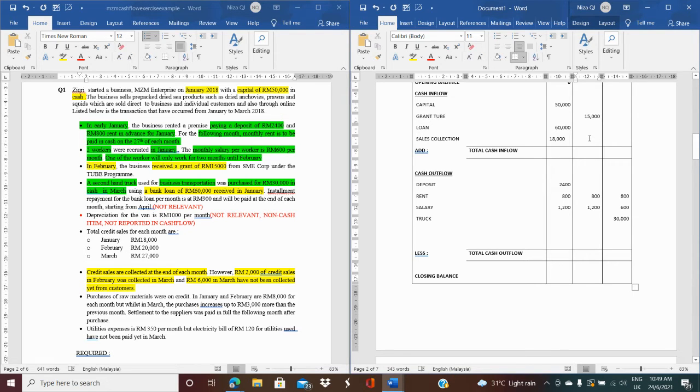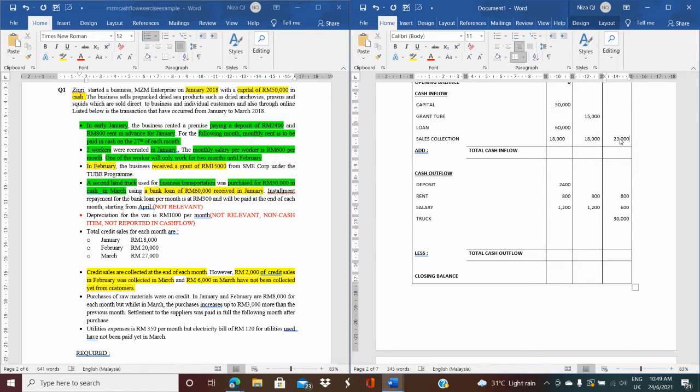Then for February, it's also 18,000 because it was not collected in full. And also for March, collection was not collected in full, but there's an additional collection that was not collected previously in February and was collected in March. So you have to add, so the amount will be 23,000 for March. So 27,000 minus 6,000 is 21,000, and then add 2,000, it will be 23,000.